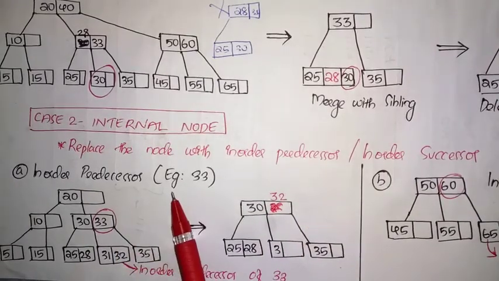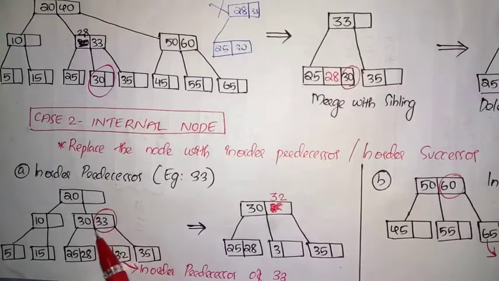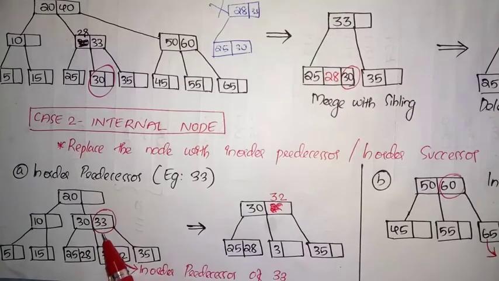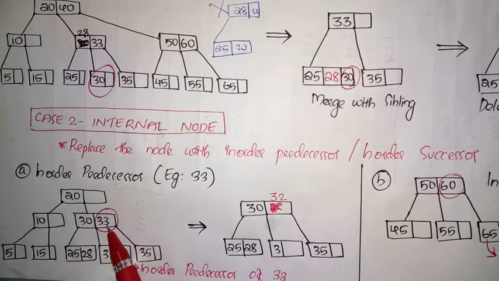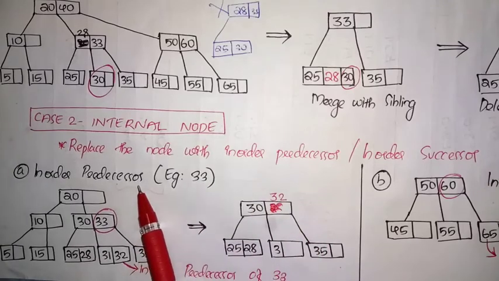Suppose I have to delete a node 33. 33 is a key value that is placed in an internal node. Thus, if I have to delete this particular key 33, this 33 has to be replaced with its in-order predecessor or in-order successor.